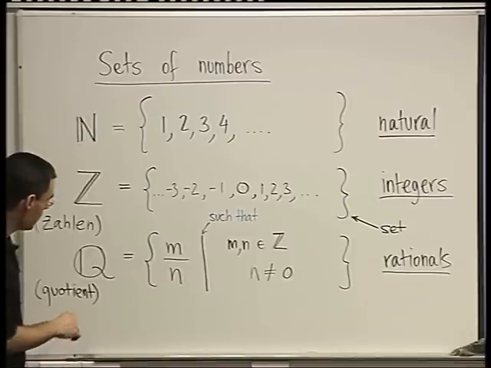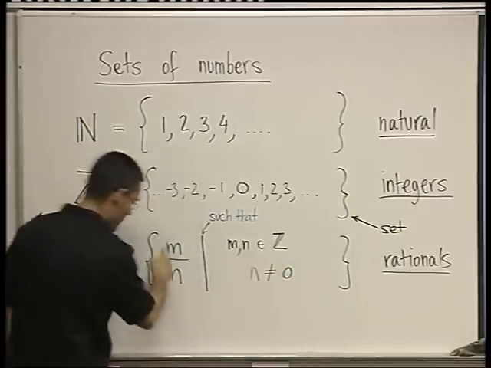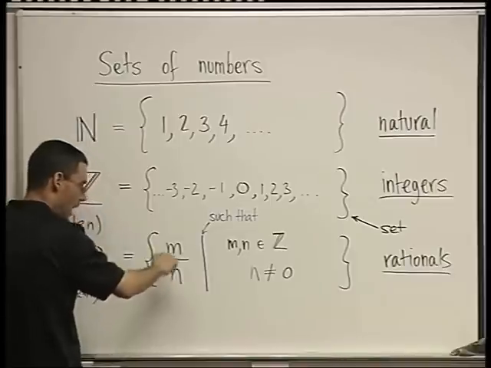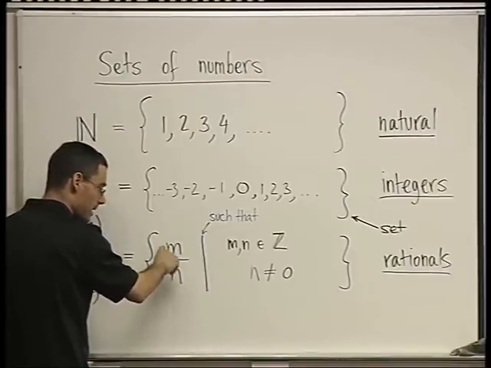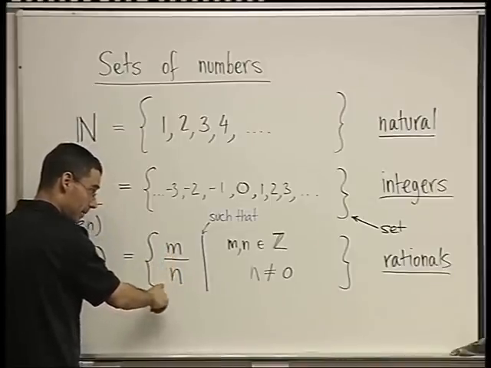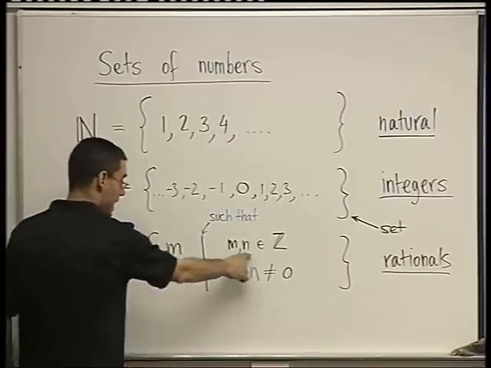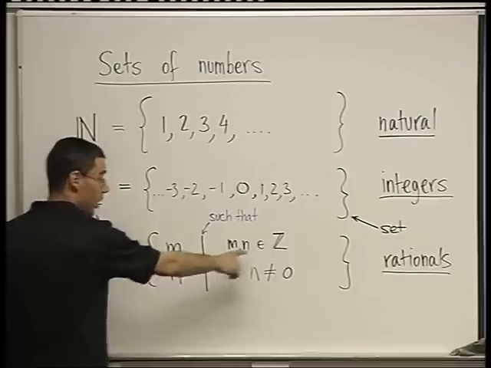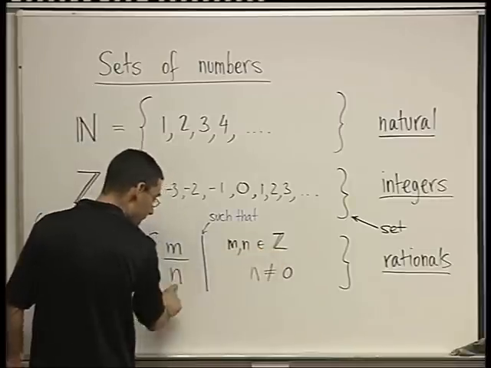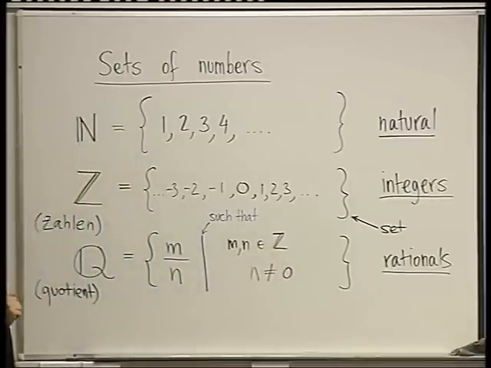Okay? So can you read through this? The set of elements of the form m divided by n such that m and n, the numerator and the denominator, are both integers, but n cannot be 0. Dividing by 0 is not defined. Okay?